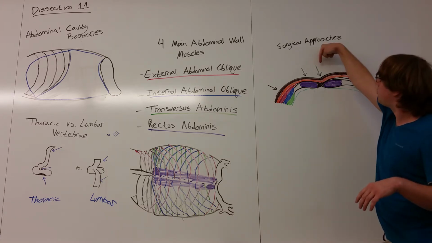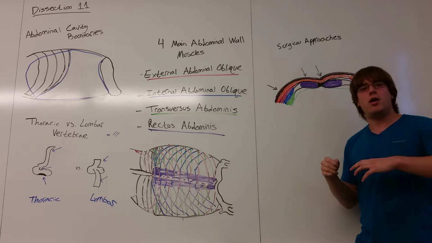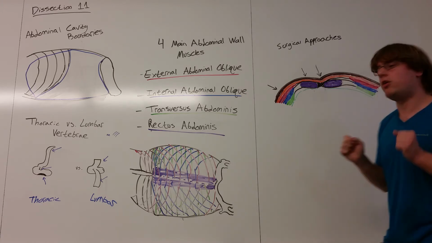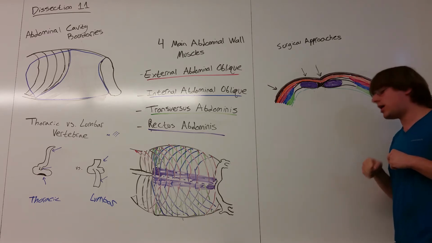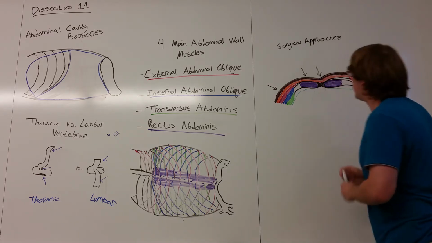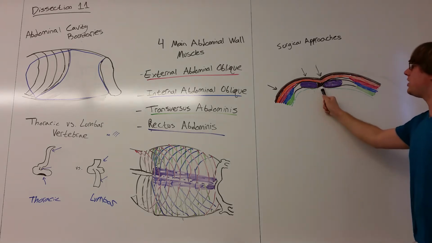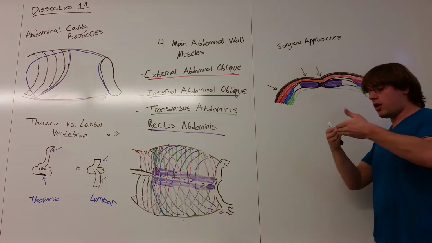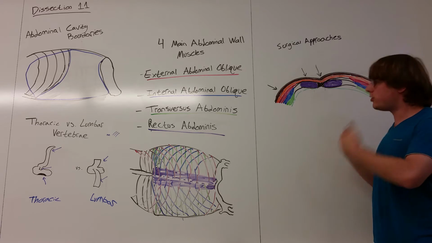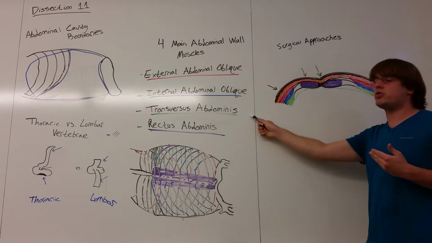So let's say we go for a very midline approach, straight through the linea alba. This is very commonly used in surgical approaches in general because there is no muscle that you will cut if you go straight through that linea alba. Because let's look at our layers. We go through skin, so epidermis, followed by dermis and subcutaneous connective tissue, and then we hit the linea alba, which is just the amalgamation of the three aponeuroses of the external abdominal oblique and internal abdominal oblique, as well as the transversus abdominis.